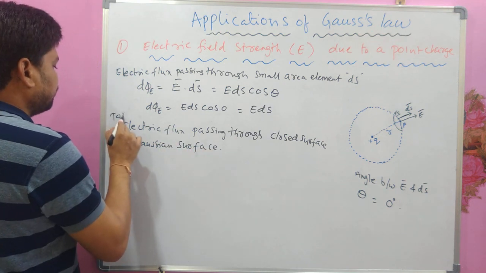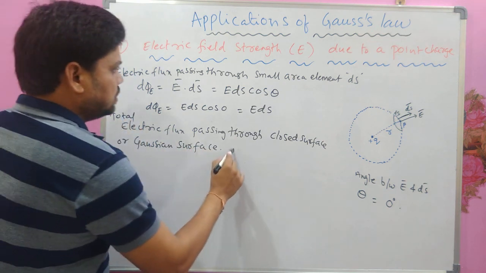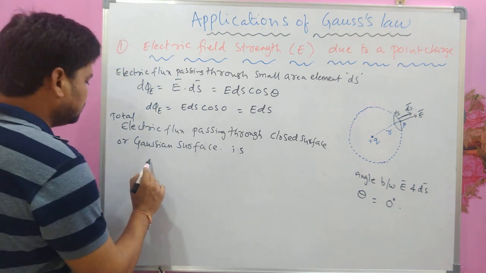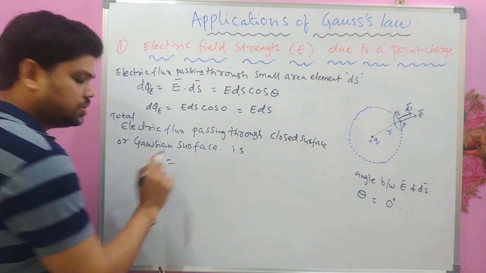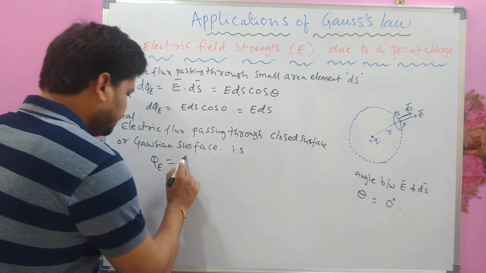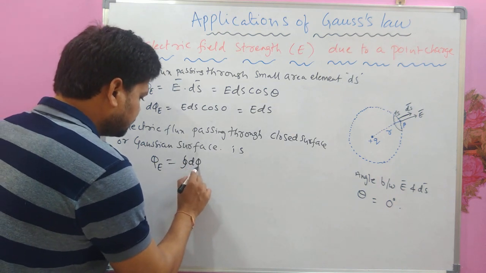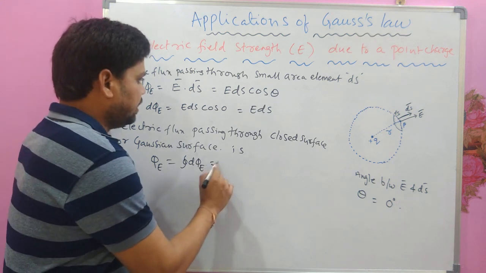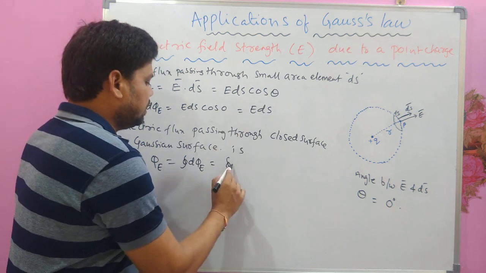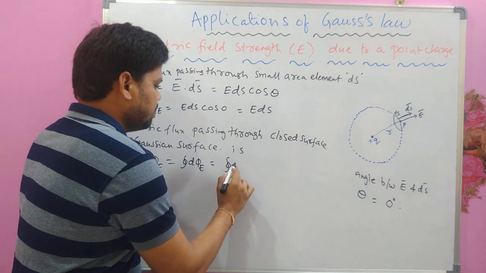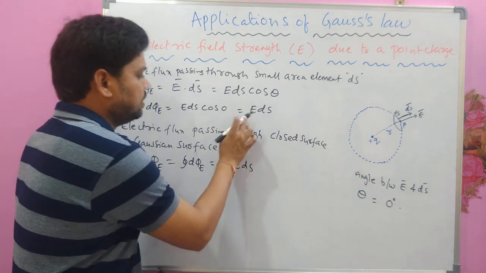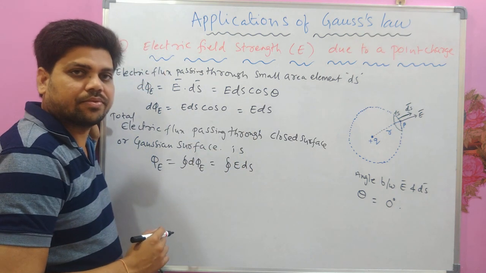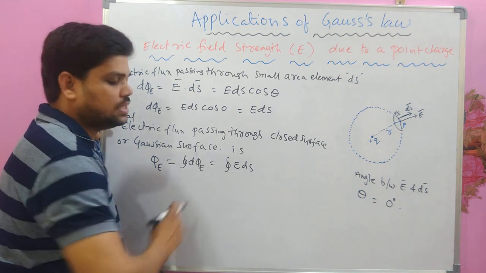The total electric flux ΦE is equal to the integral of dΦE, right? Sixth step. Integral dΦE is what? Integral E dS, which is already calculated.